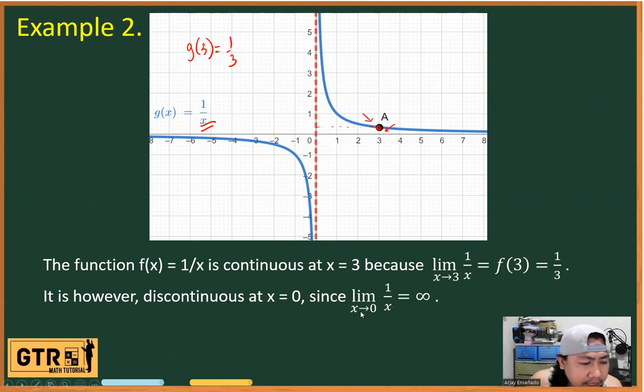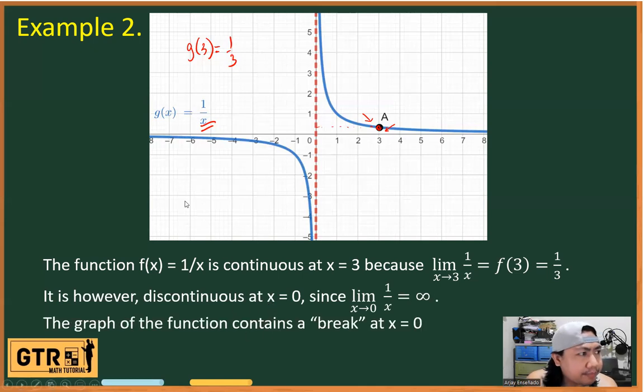The limit of 1 over x as x approaches 0 is equal to infinity. So we call this the infinite discontinuity. Because if we substitute x equals 0, the value is undefined. 1 over 0 is infinity. So this is an example of a discontinuous function. So we have discontinuity at x equals 0.